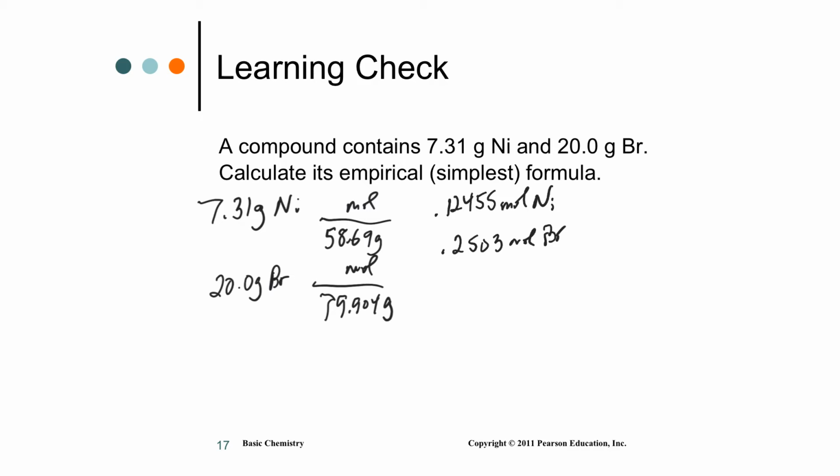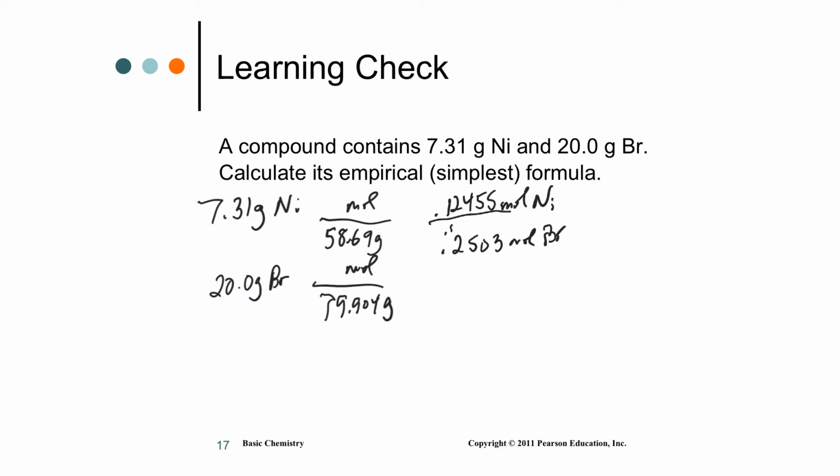So I want 1 to 2. I want one of these numbers to be a 1 and then see if the other one can be a 2, or 1 and see if the other one can be a 3. So I'm going to take the smaller of these two numbers and divide it into each of these. The smaller number is the nickel.